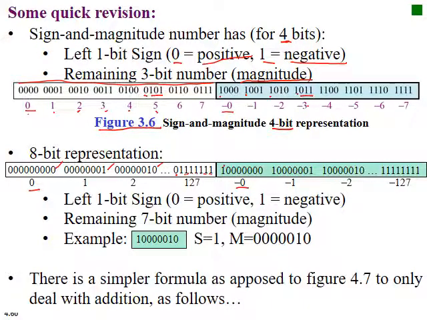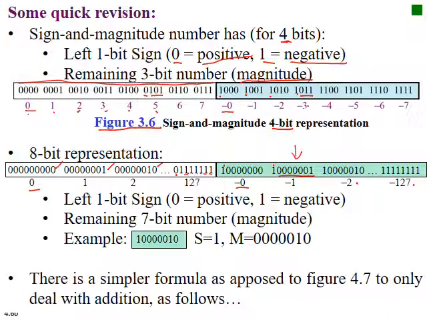However, this is one of the weaknesses of this system. Nevertheless, for this particular one over here, 1 is negative, and the rest of it represents 1, negative 2 in this case, up to negative 127.